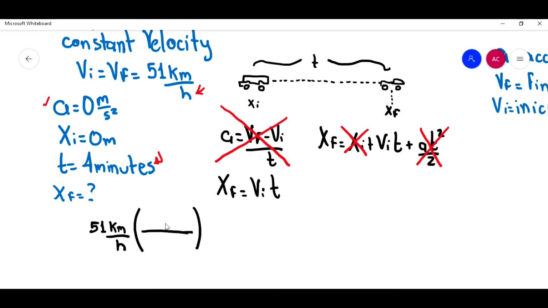Kilometers is above, so I'm going to write it below. And what I want, meters, I'll write on the opposite side, I mean up instead of down. And I'm going to say 1 kilometer is 1,000 meters.